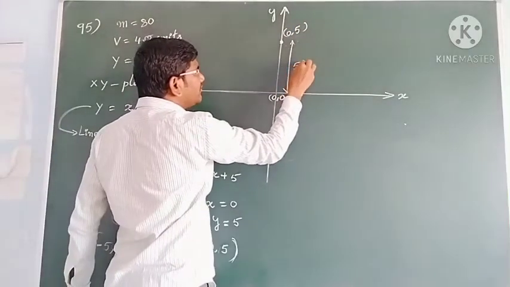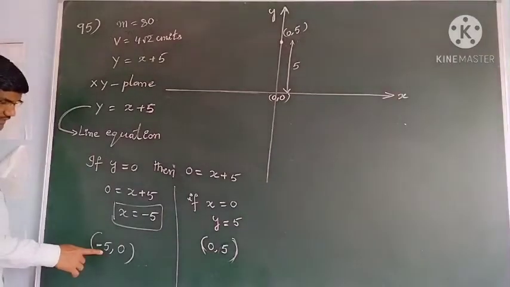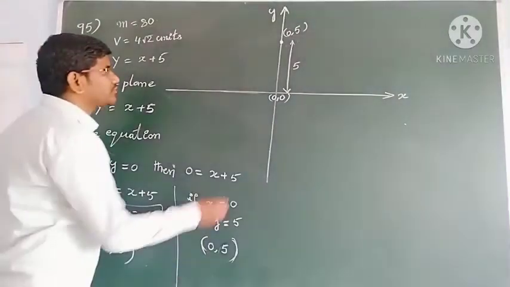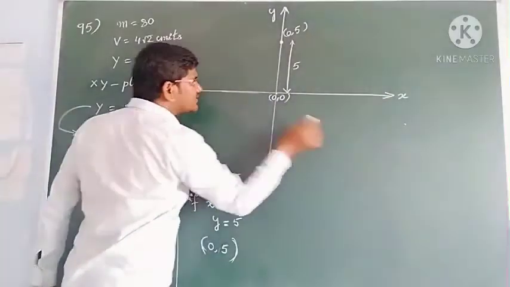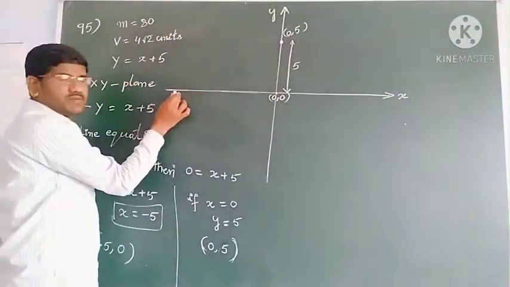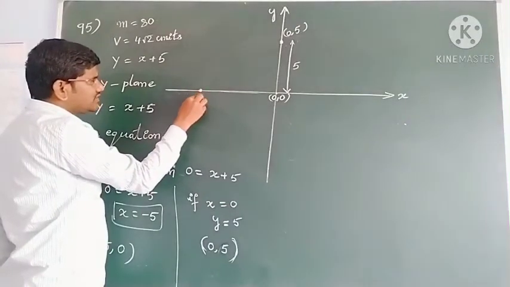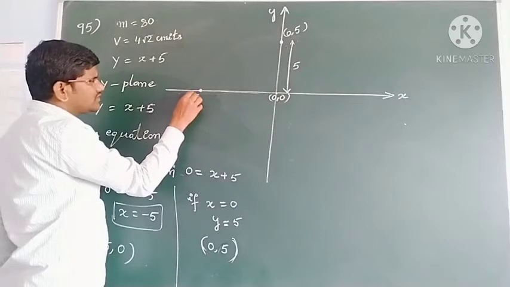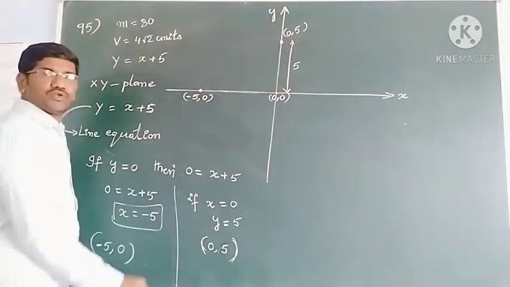Similarly, x value minus 5 and y value 0: you have 1, 2, 3, 4, 5 on this side and minus 1, minus 2, minus 3, minus 4, minus 5 here. So the x value is minus 5 and the y value is 0. This is the point.